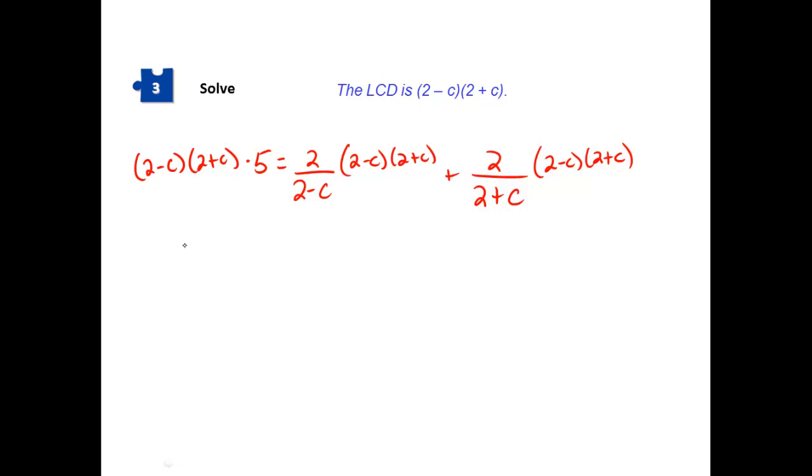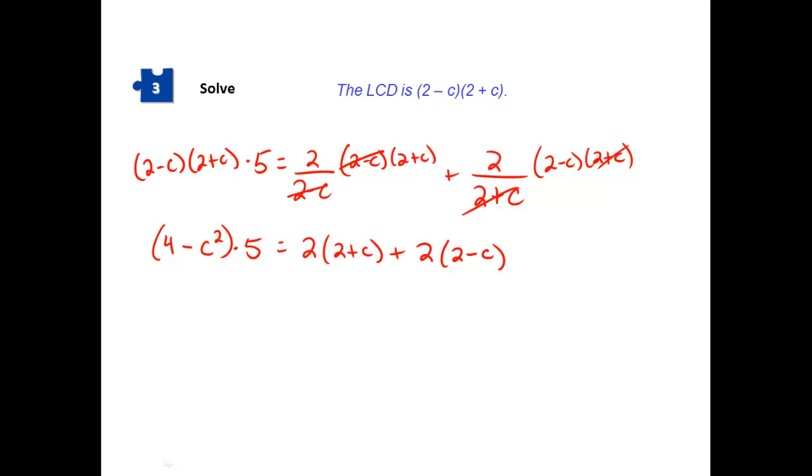Okay, on the left side, nothing crosses out, so let's simplify. Let's multiply 2 minus c times 2 plus c, and we get 4 minus c squared times 5. Over here, the 2 minus c's are going to cross out. Alright, so we can see same setup, same process as the last problem.